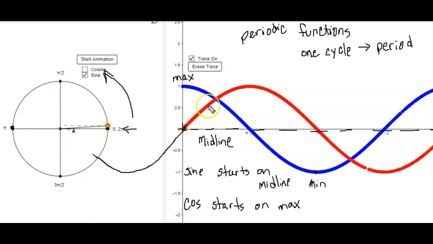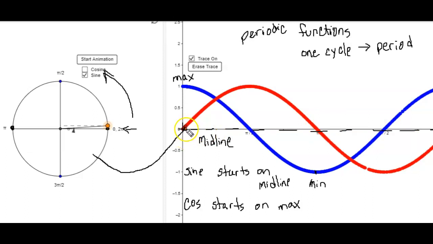Sine and cosine are both the exact same shape. They're bouncing. They're waves. Sine just happens to be bouncing between these on the circle, and cosine happens to be bouncing between these on the circle. But the effect that has on the shape of the graph is the exact same thing. So sine and cosine have the exact same shapes, the exact same parts to their graph. The only difference between the two is where on the wave do they start.